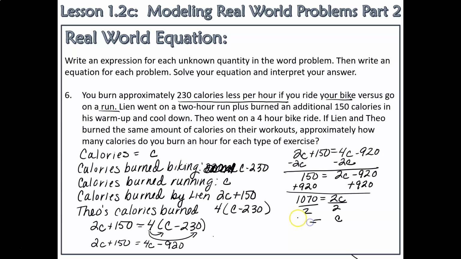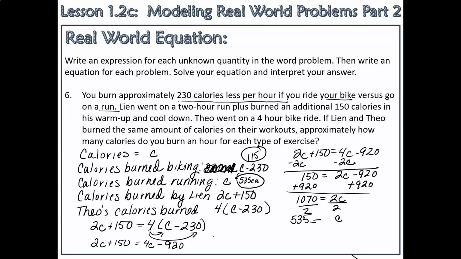So C equals 535. So we've got to fill this in. So calories burned while running is 535, right? And if we take 535 and subtract 230, that will be the calories biking, which is kind of sad because you only burn 115 calories while biking.